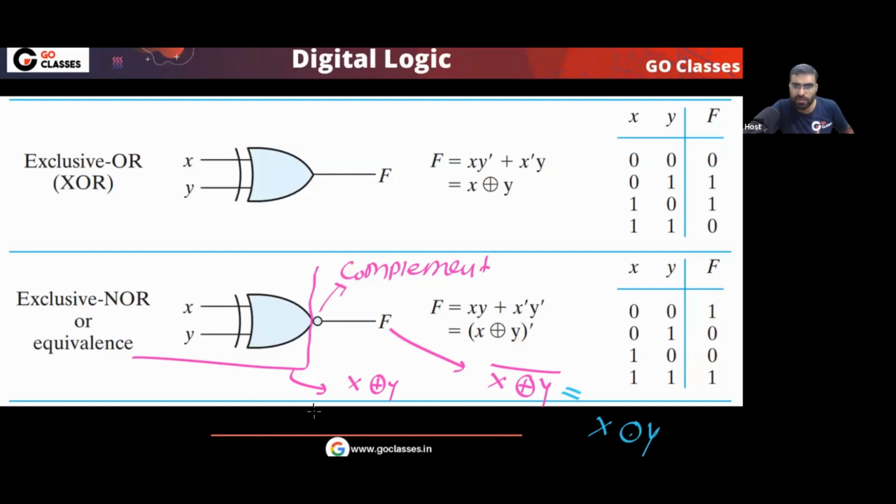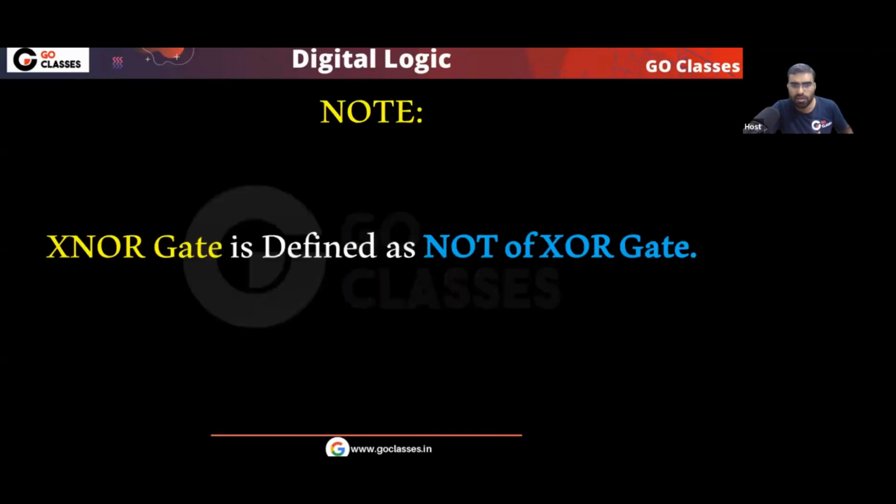Okay, so very simple. For three input variables also, whether you have three input variables, two input variables, odd number of input variables, even number of input variables, XNOR gate is always defined as not of XOR gate.